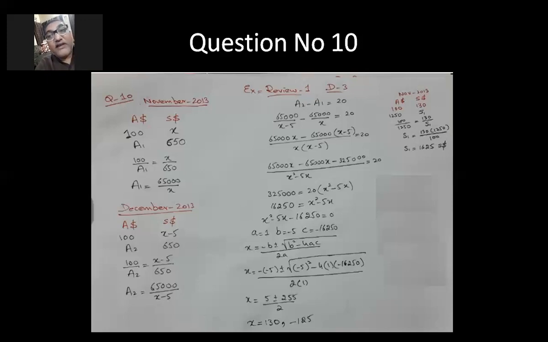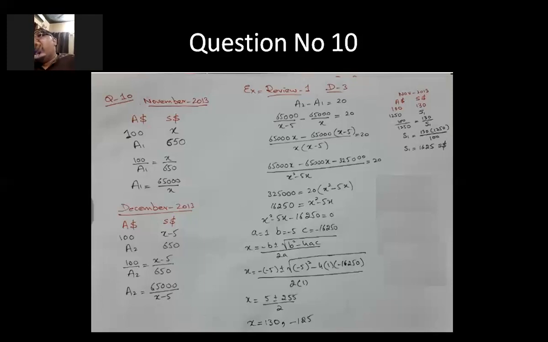Formulate an equation in terms of X and hence find the amount of Singapore dollars Mr. Neo received at exchange, Australian dollar 1250, in November 2013. Okay. So they are talking about November 2013, and you can see that we have 100 Australian dollars equals 130 Singapore dollars, because the X value is 130.